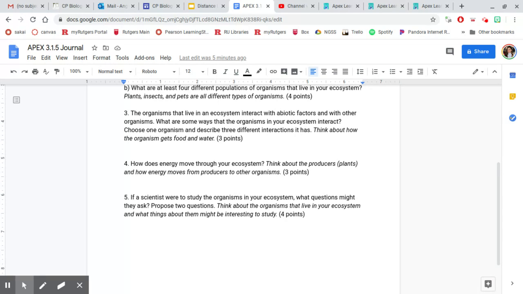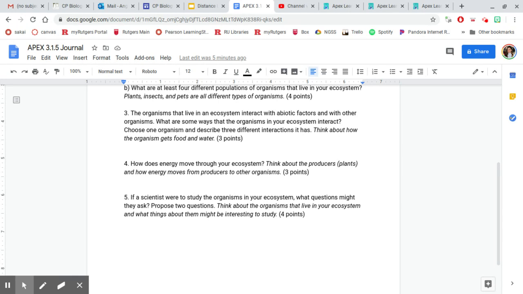So for example, any plant you choose, it's going to get its energy from the sunlight. It's going to go through photosynthesis. So it's kind of interacting that way. It's able to grow from the water, from rainfall. Primary consumers are going to come along and they're going to eat the plant, the primary producer, get their energy from that.